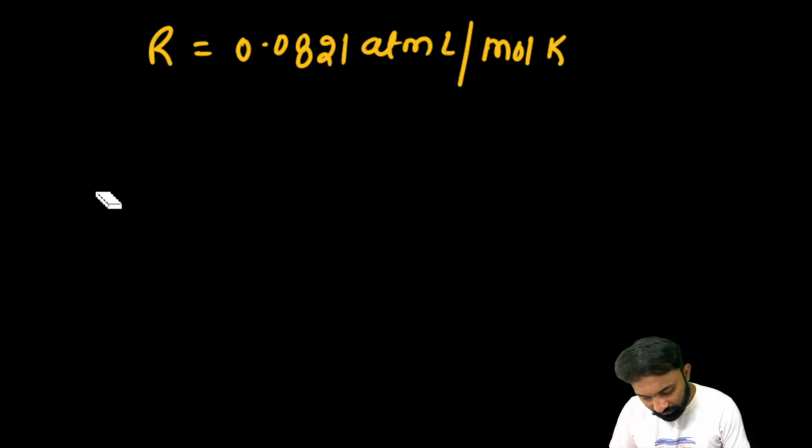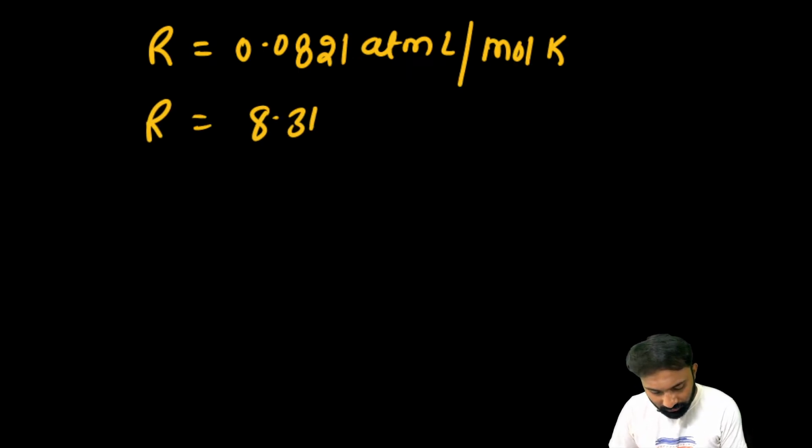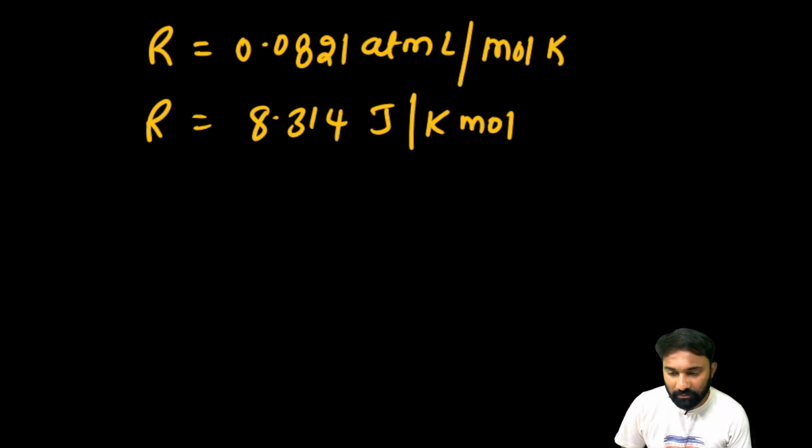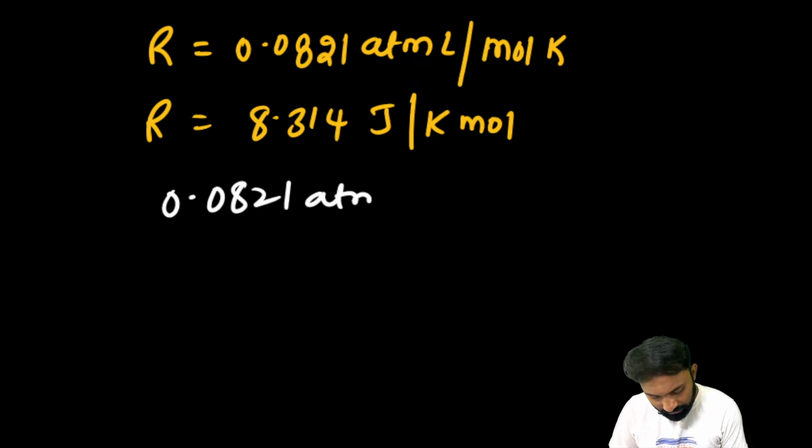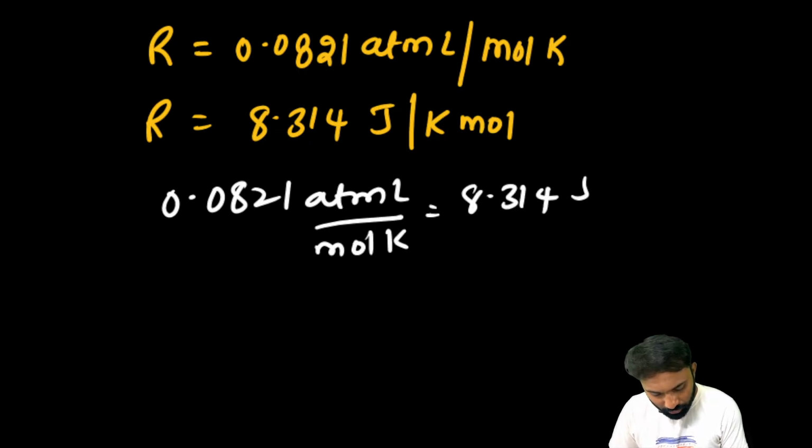Now this is one R value. Another R value we have: R is equal to 8.314 joule per Kelvin mole. So we have two R values. When we equate these two R values, 0.0821 ATM liter per mole Kelvin is equal to 8.314 joule per Kelvin mole.